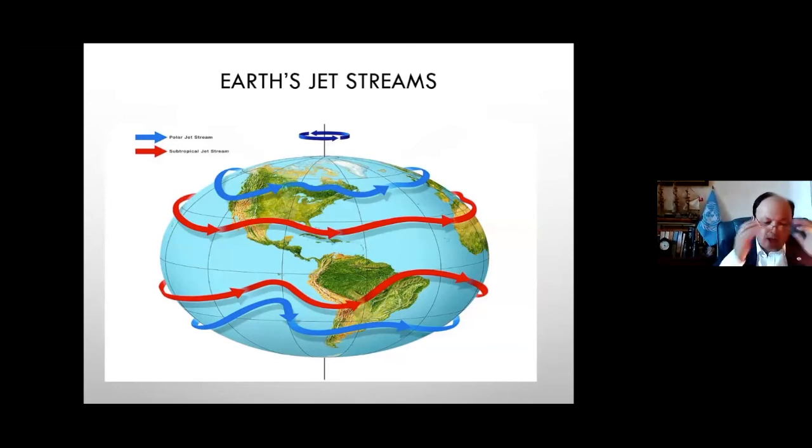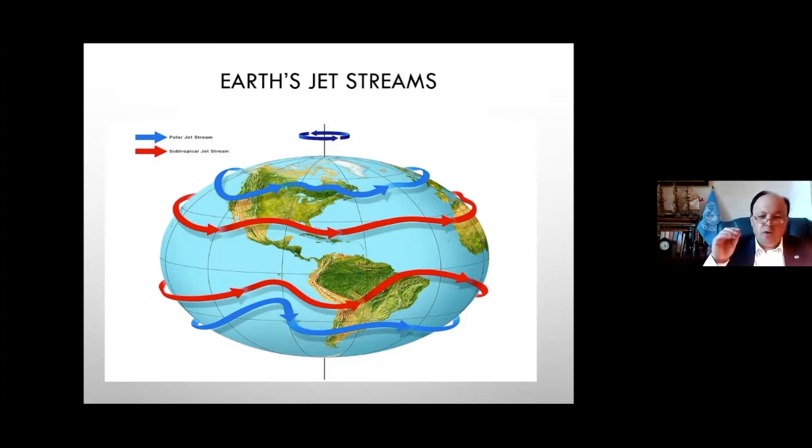And again, as I said, they have huge impacts on regional weathers, because the weather changes when the position of the jet streams change, plus other factors, of course, such as atmospheric pressure. The position of the jet streams in the rotation of the Earth has huge impacts on regional weathers and regional climates.